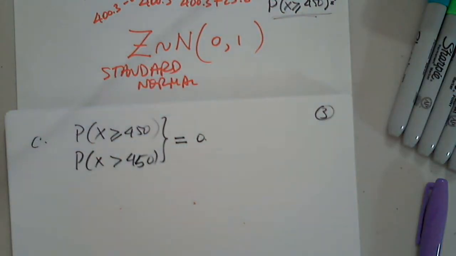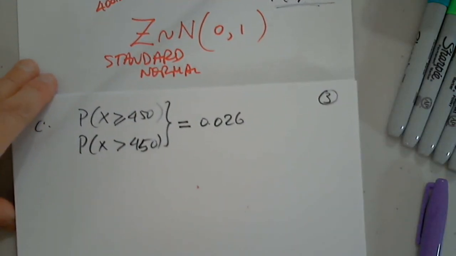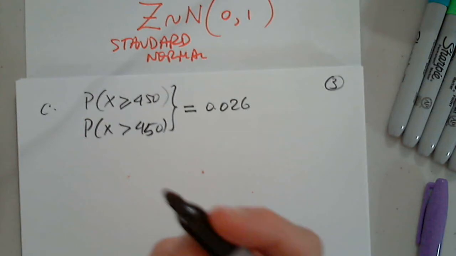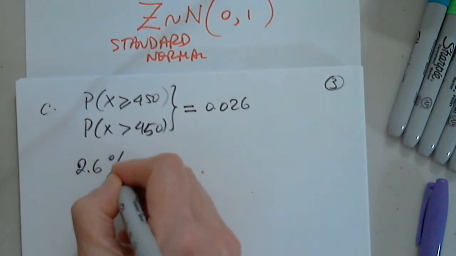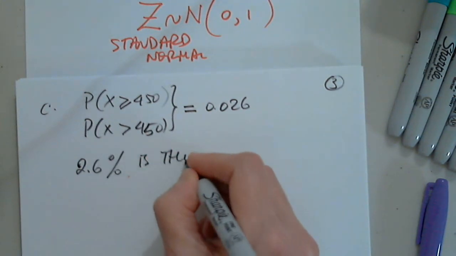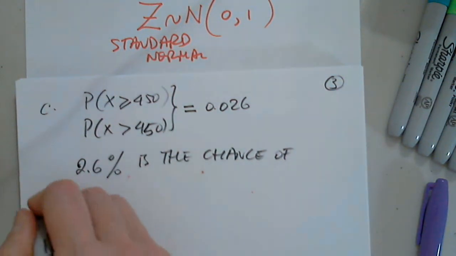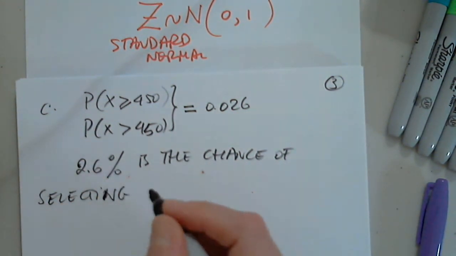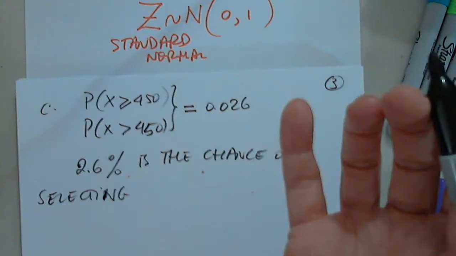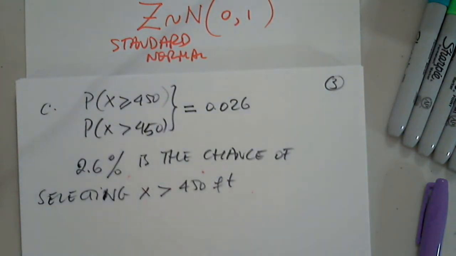They're giving us 0.026. Okay, so they're asking us to interpret this. So 2.6% is the chance of selecting x greater than 450 feet.